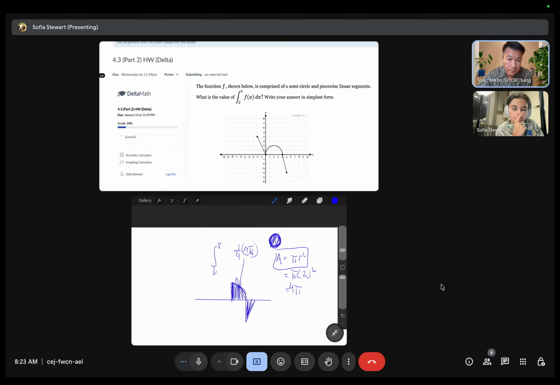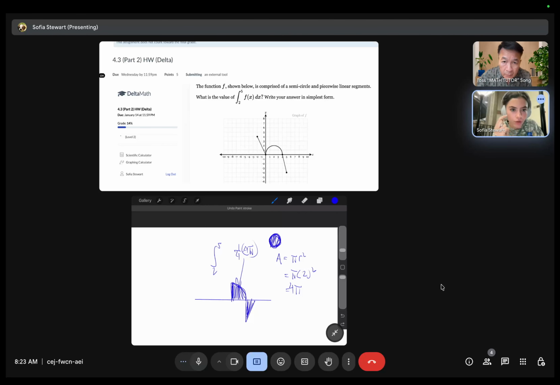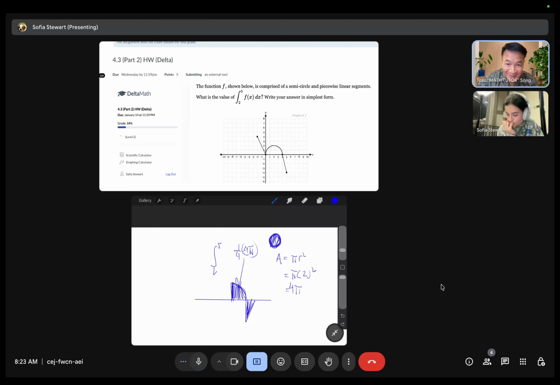You do agree with the formula. I'm saying, isn't the semicircle r squared plus x squared? No, don't do that. You don't need to do that yet. That's too fancy. This is just straight geometry.